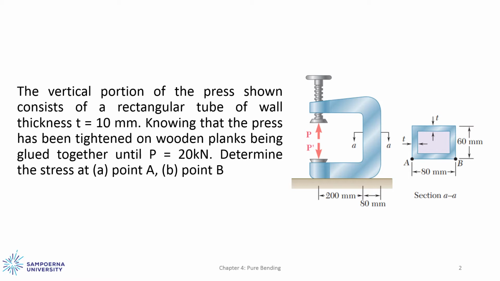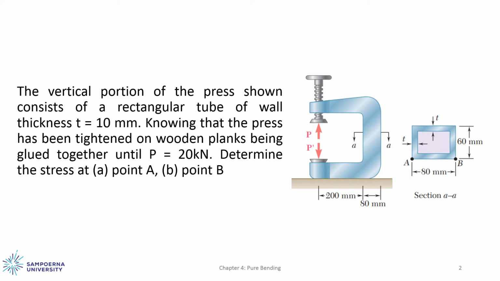Knowing that the press has been tightened on the wooden planks being glued together until P equals 20 kilonewton, determine the stress at point A, point B.